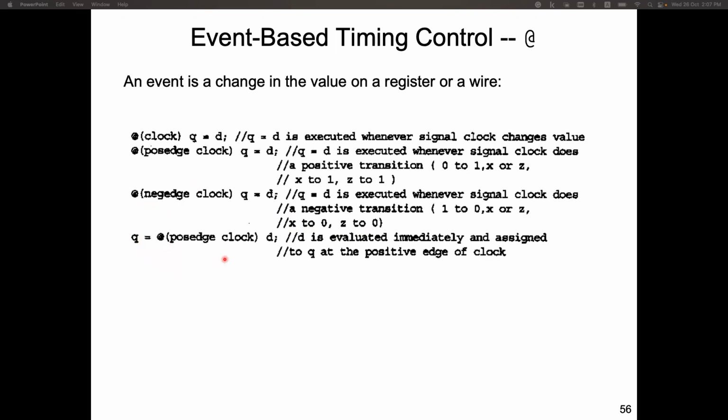Say Q equals at posedge D, and this means take D's value at the positive edge of clock, then assign it to Q. So D is evaluated immediately at the positive edge of clock and assigned to Q. I should say, D is read when this statement is encountered, evaluated immediately at that moment. The value of D is written, but it's assigned to Q at the positive edge of clock.